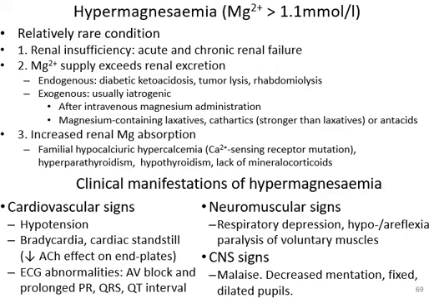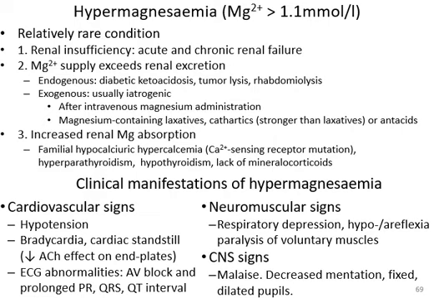Hypermagnesemia, which can be detected when the extracellular concentration is bigger than 1.1 millimole per liter, is a much rarer condition. The most important reason is renal insufficiency, when you cannot get rid of the herbal waste products, which are potassium, phosphate, and magnesium.